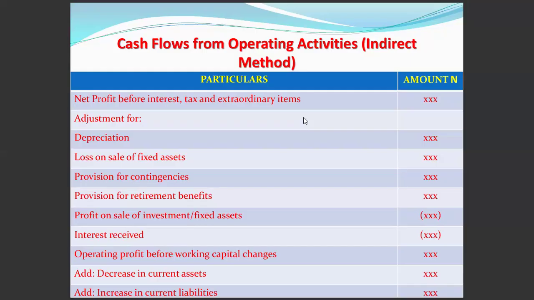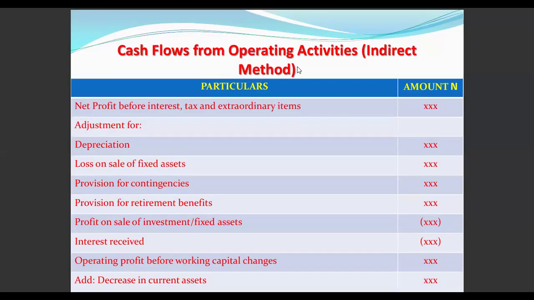So let's continue exploring the indirect method. In the indirect method, the number of adjustments is much more compared to the direct method. The first thing is the net profit before interest, tax, and extraordinary items.